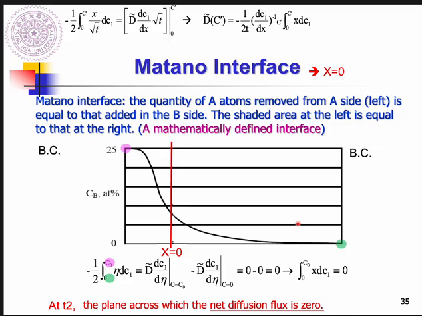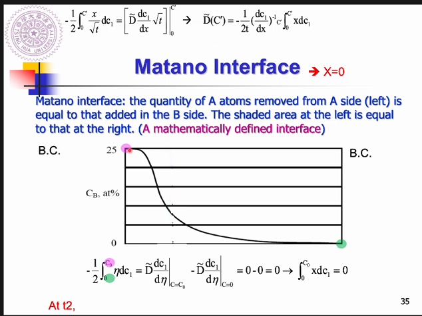So I'm just giving you a quick review here. How to get the D change at a specific concentration. First, you need to perform your experiments and get a concentration profile at a specific diffusion time t. Then find the Matano interface.